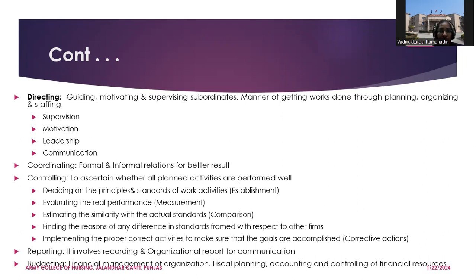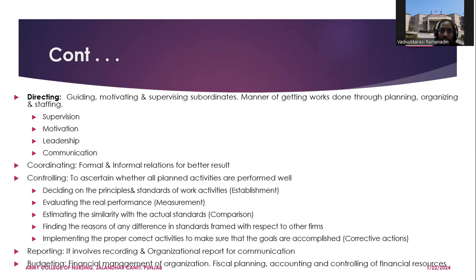We have established something and then people have implemented it. Why is there a discrepancy? What is the problem? How best can we address that? So implementing the proper corrective activities to make sure that the goals are accomplished. We are trying our level best to correct the mistakes, or if they have done wonderful things, we are going to appraise them so that they will sustain the good effort for the achievement of the goal.